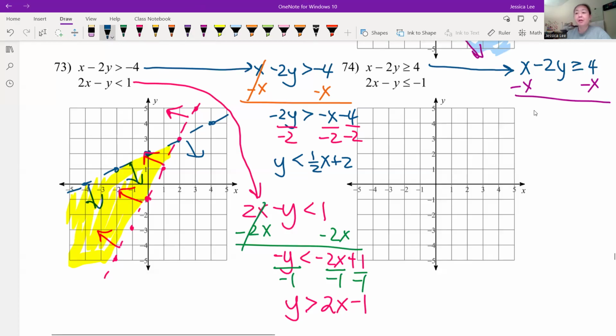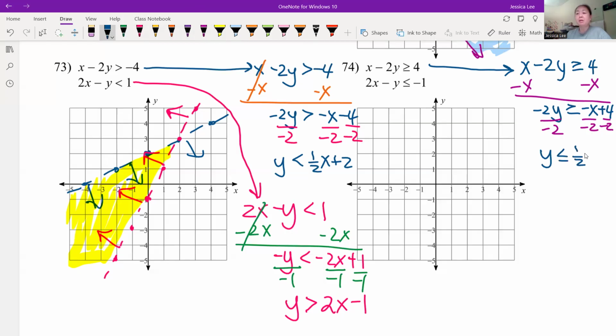And then we have negative 2y is greater than or equal to negative x plus 4. And then we're going to divide by negative 2 on all 3 terms or all 3 parts. And we got y is, again, we divided by negative, so we got to flip the inequality.